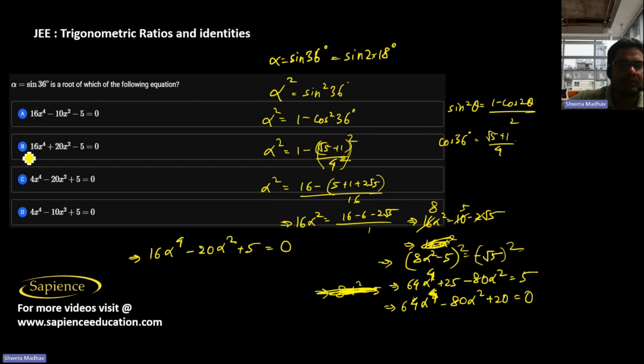So it should be option B, but the sign here, there is some mistake. This will be minus, this will be plus.